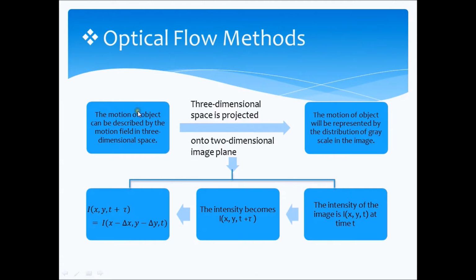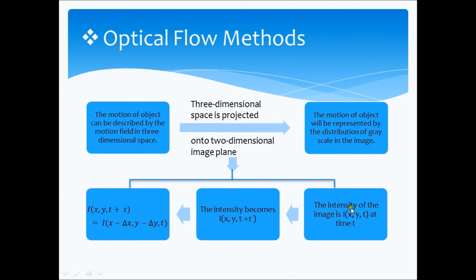The motion of an object can be described by the motion field in 3-dimensional space, and if the 3-dimensional space is projected onto the 2-dimensional image plane, the motion of the object will be represented by the distribution of the grayscale in the image.